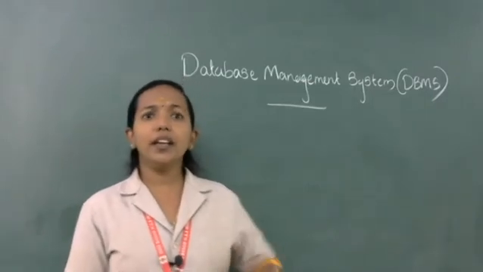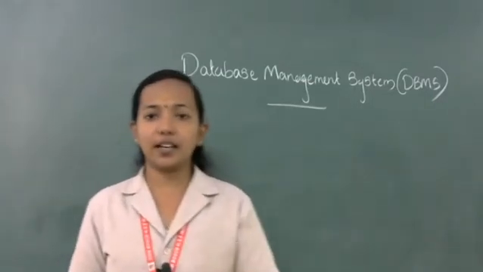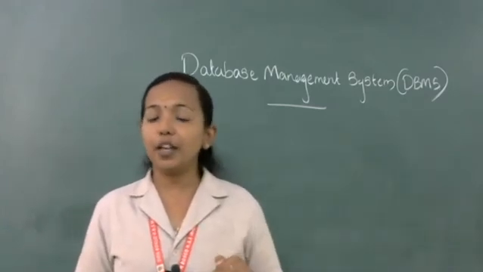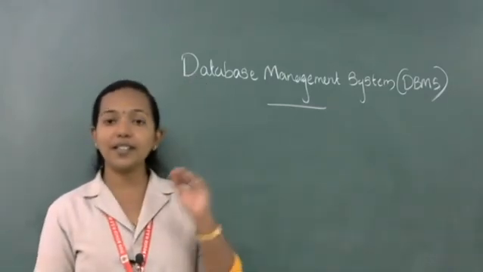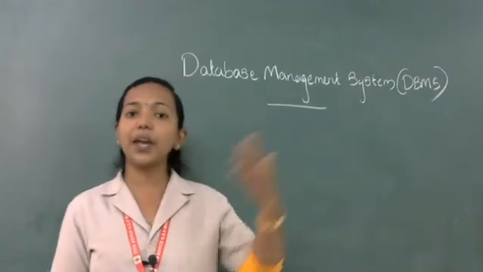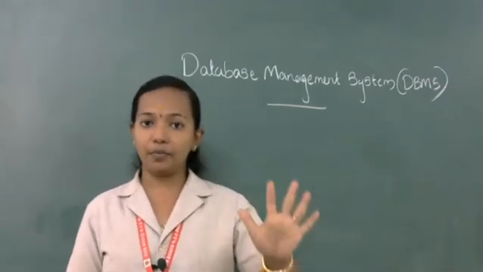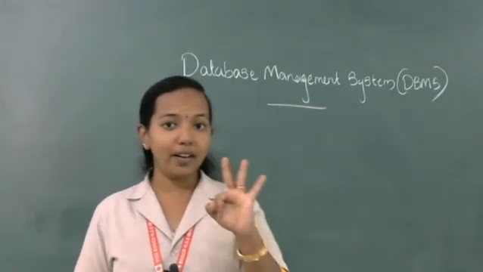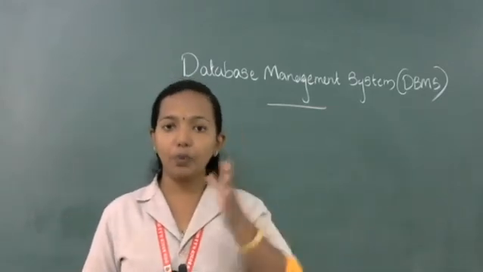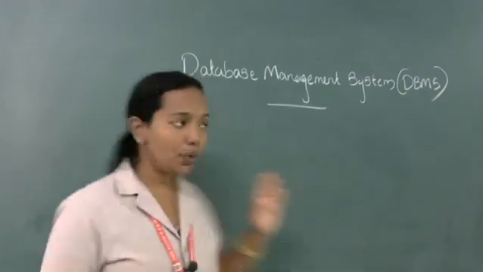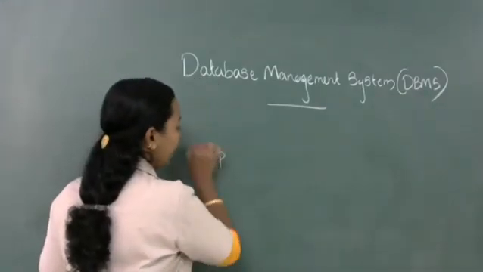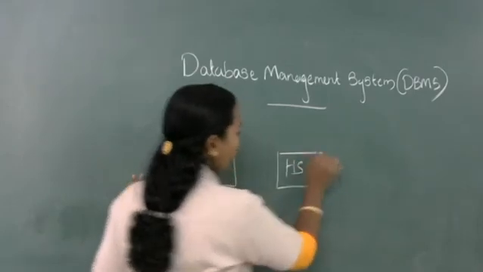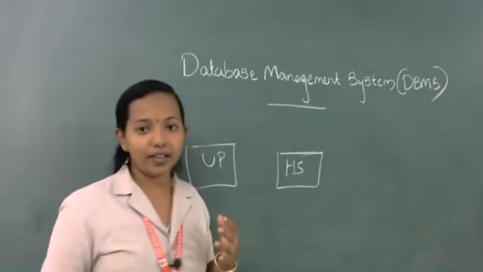For example, in our school 3 sections are there: UP, high school and higher secondary. Suppose I want to take information of students studying in 5C. Then first I want to open the UP folder, because there are 3 main folders available: UP, high school, higher secondary. Okay, 3 folders will be there in the computer if we are using a conventional file system or normal files and folders.